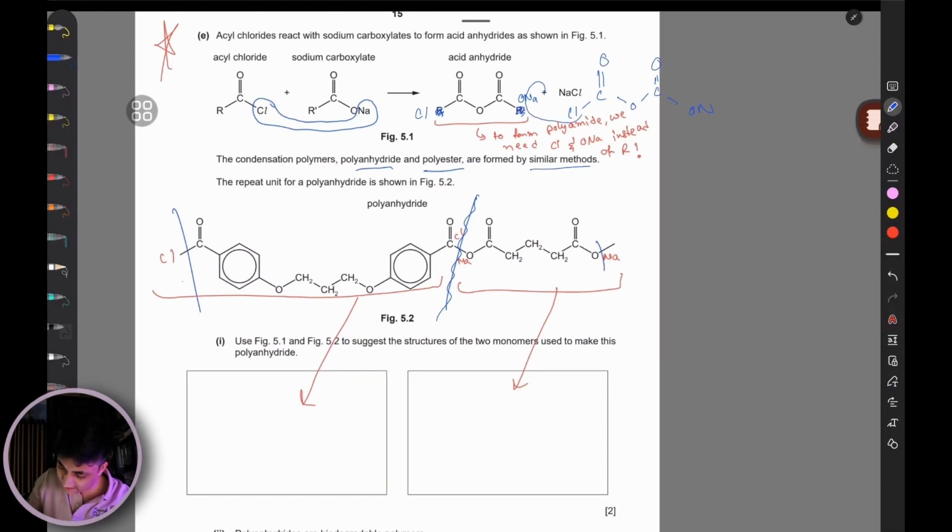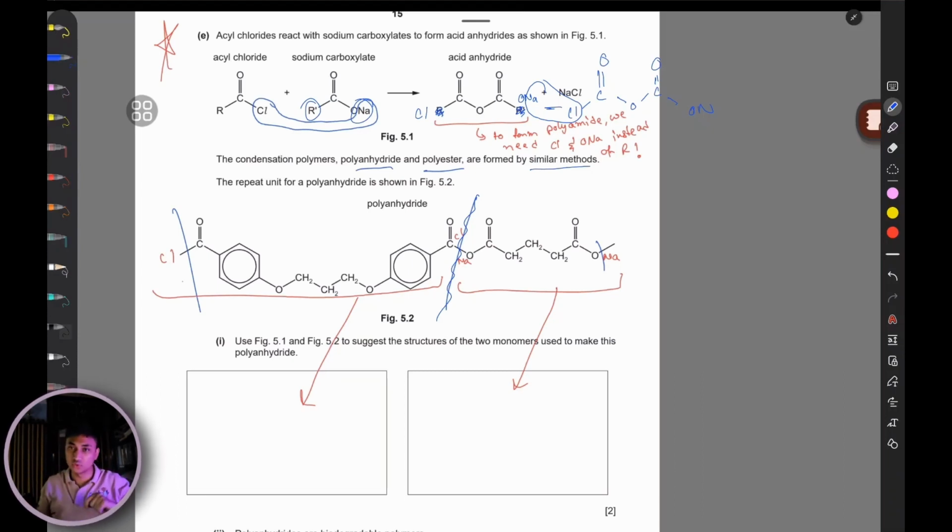So this Na and Cl would again form a bond similar to this, and it would form a polyanhydride, or I mean a polymer, right? So it would have multiple repeat units, because I'm reacting this sodium carboxylate, similar to this sodium carboxylate. I'm just substituting this R group with ONa as well. So both of these sides are going to be ONa, right?